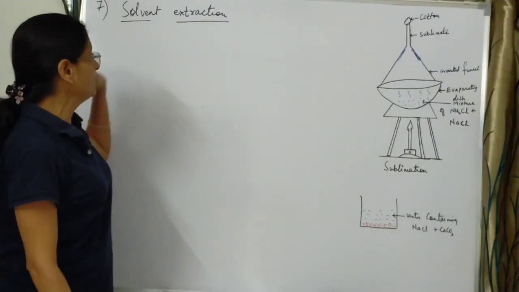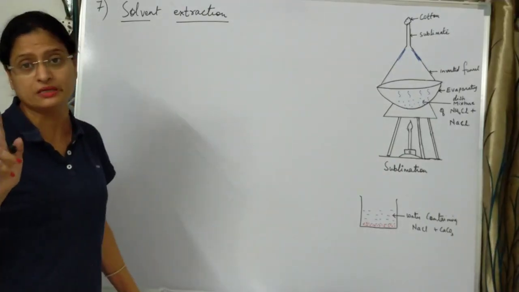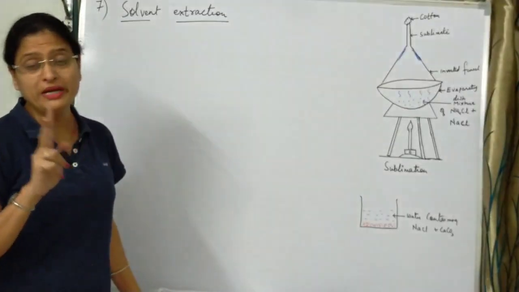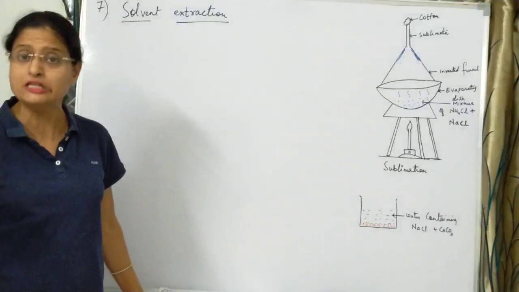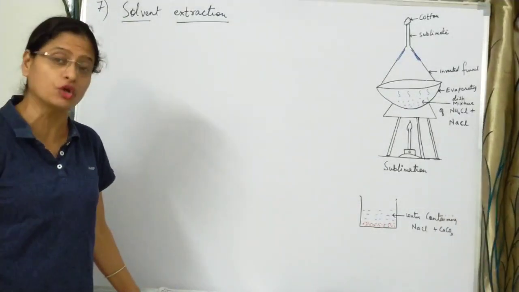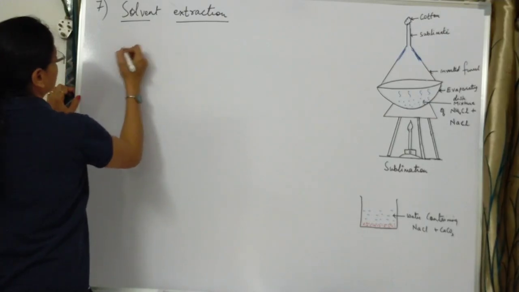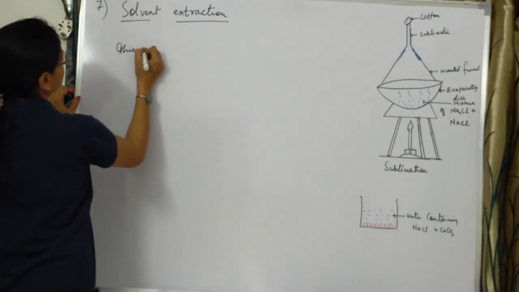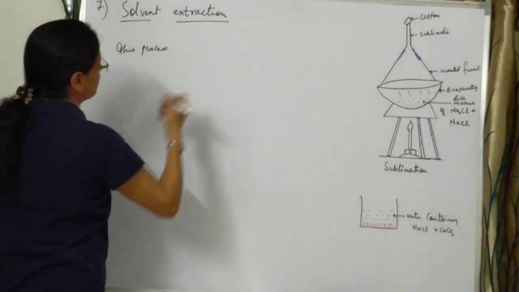This method can be used only when, suppose you are having two components, one of the components is soluble in a particular solvent, but the other component is insoluble, not soluble. I am just writing down in short.